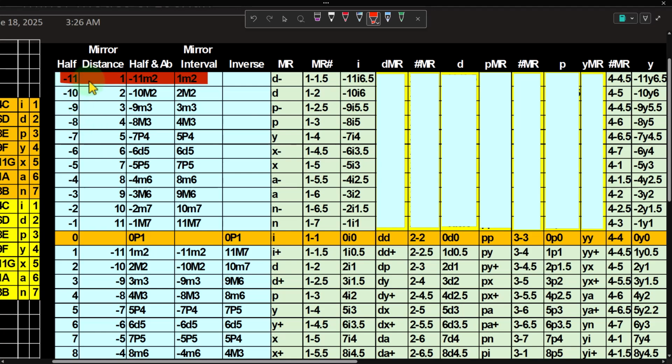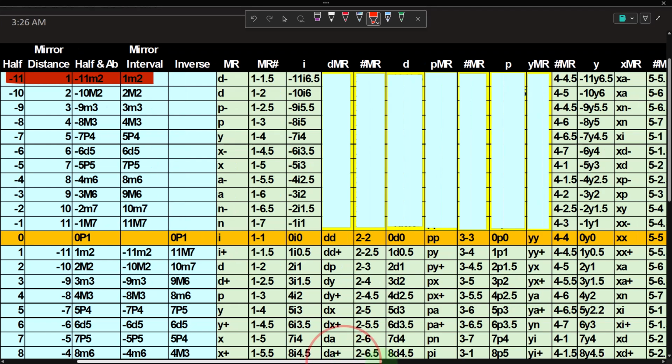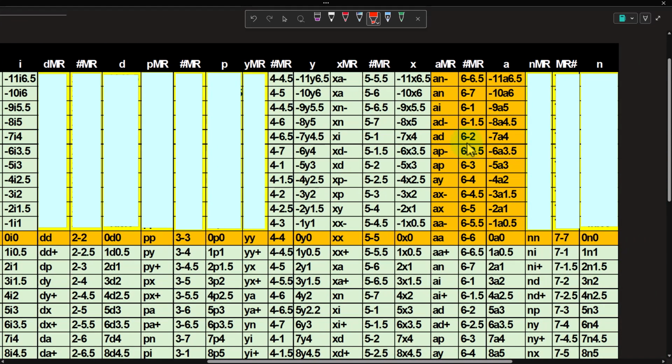12 minus 11 would be 1 step clockwise, which would be a minor second. Therefore, a minor second could be 1 forward or 11 backwards. But I'd rather say it's an AN negative modal range, which is a 6 to a 6.5 modal range, which would be 11 steps counterclockwise from the Aeolian node, which would be -6.5 modal half steps backwards.